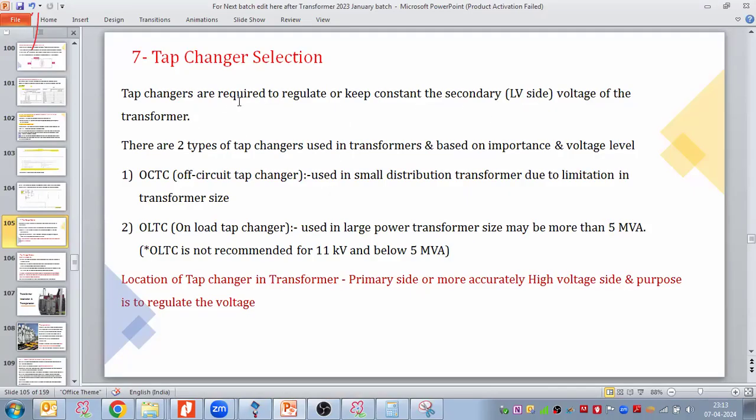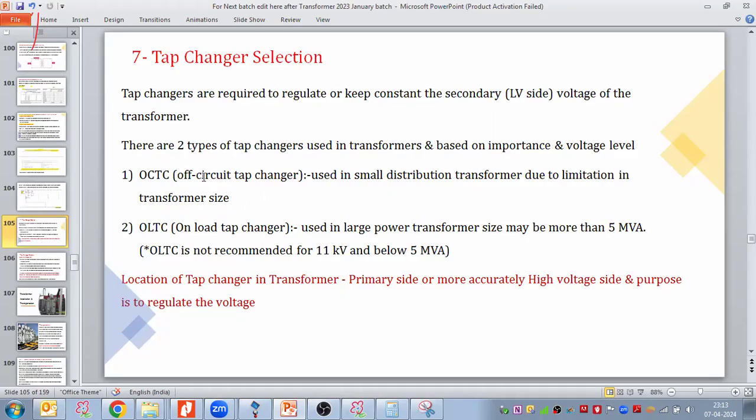So this tap changer regulates or controls the LV voltage of the transformer.